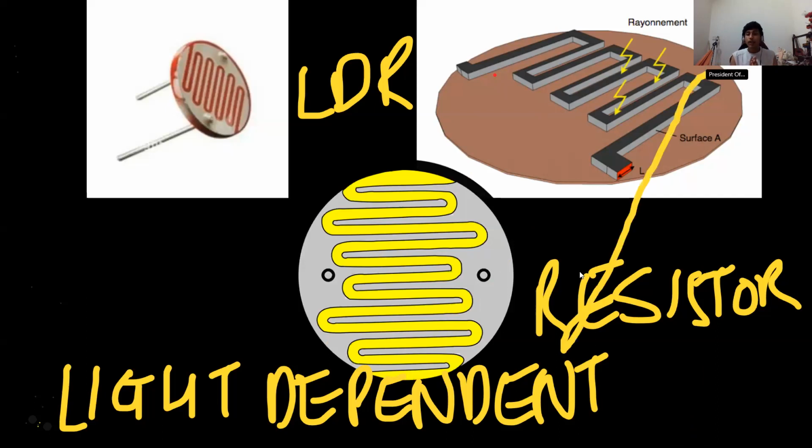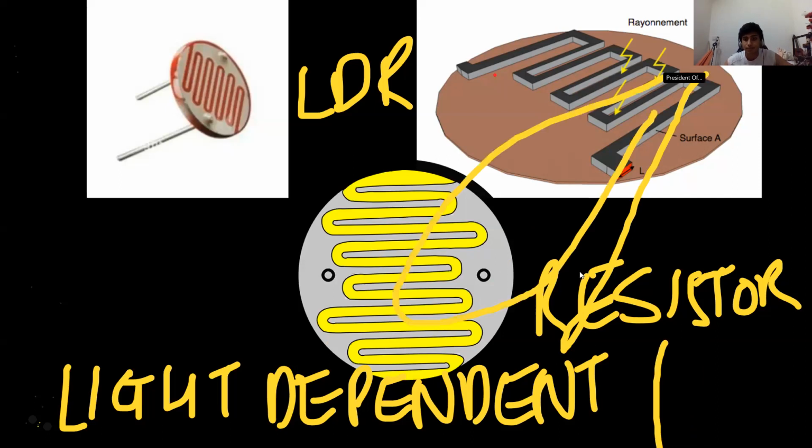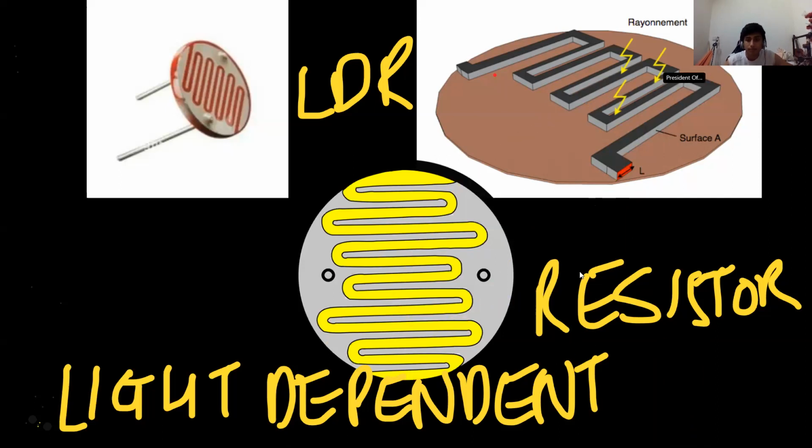And you remember what kind of a circuit can detect a change in resistance? Guys, tell me, what kind of a circuit can detect a change in resistance? I think the chat is lagging, or none of y'all know. We did this just now, literally. One second, I'll explain.